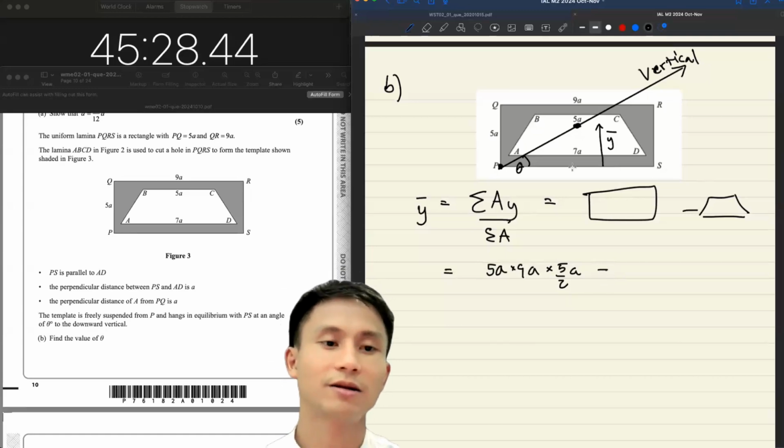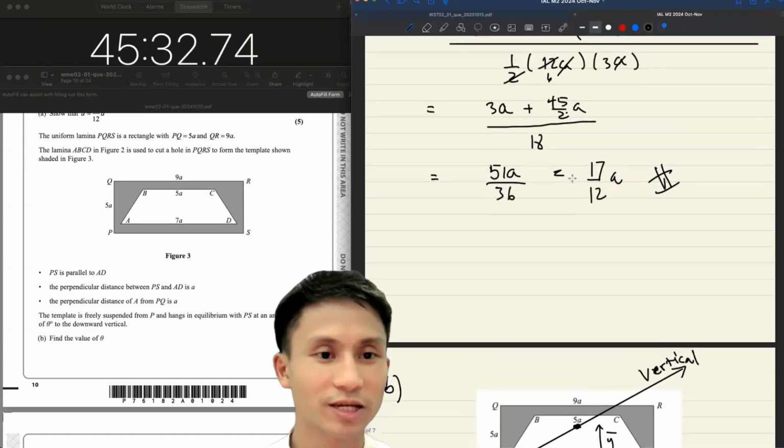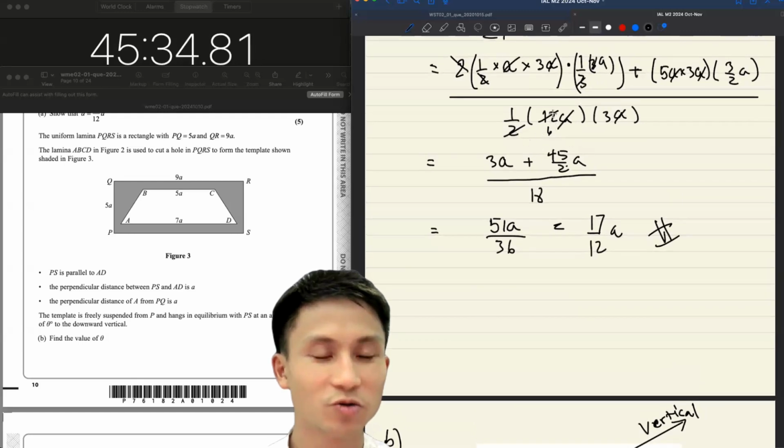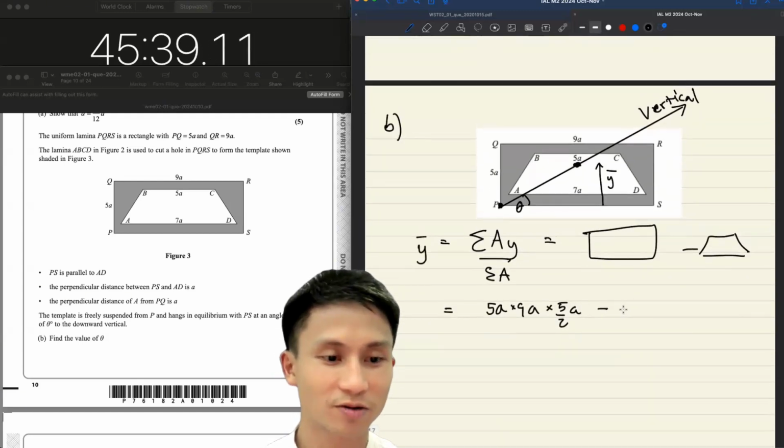And minus the cutout. The cutout again is the trapezium, so we can take the area down here, 1 over 2 times 12 times 3. So I'm just going to write that down.